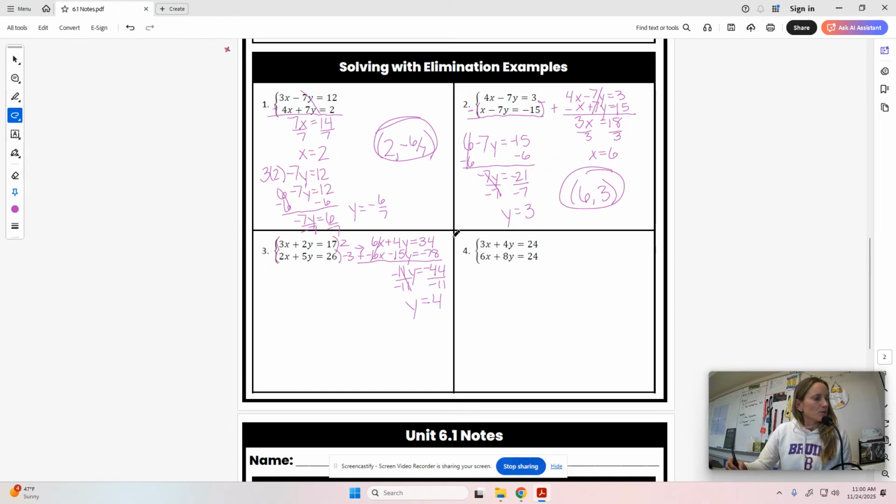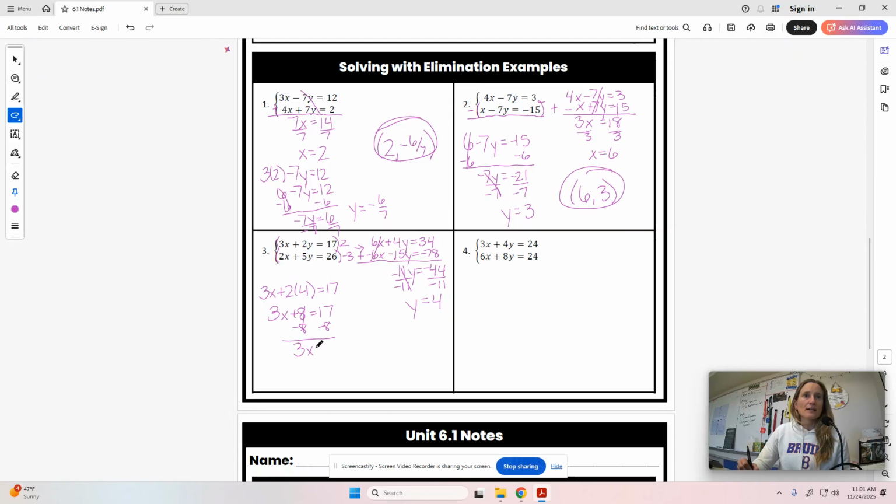I am going to do what I did in the notes, which means it looks like I used the very first equation here. I still don't know x, but I know that y is 4. So this becomes 3x plus 8 equals 17. Subtract 8 on both sides.